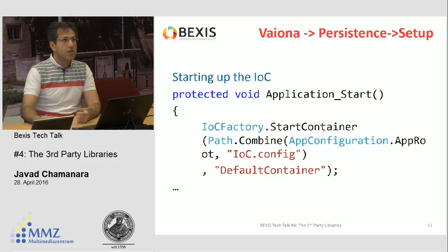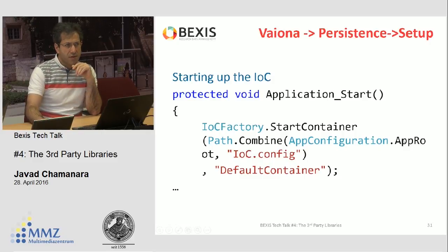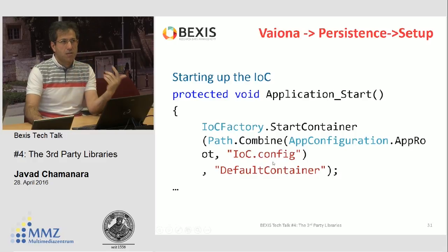This is the general syntax for the IOC startup: we start the container, pass some configuration item to it, and then ask to start the container.